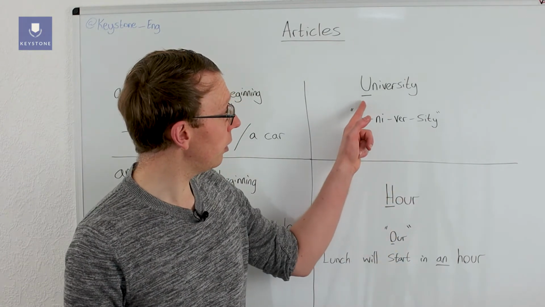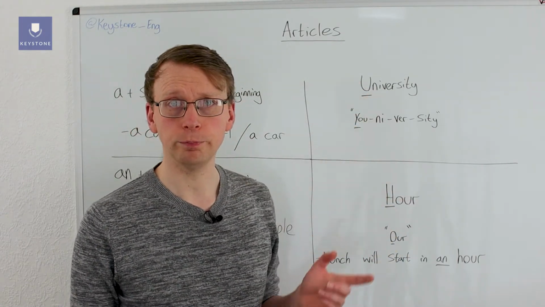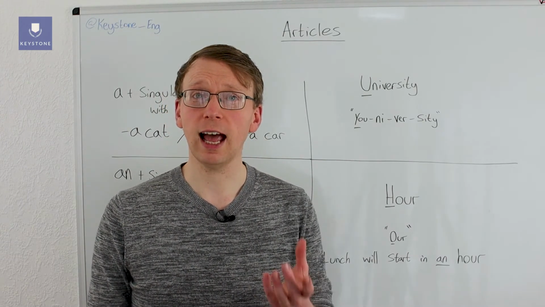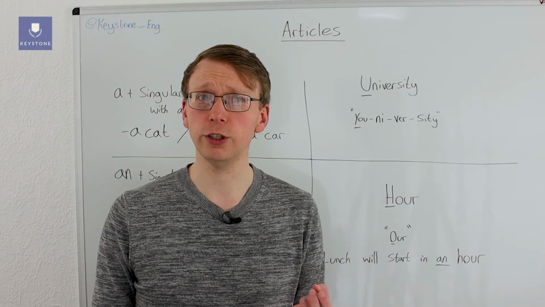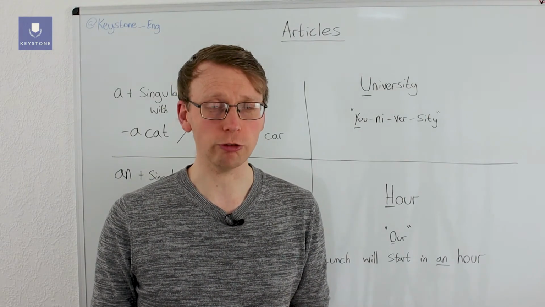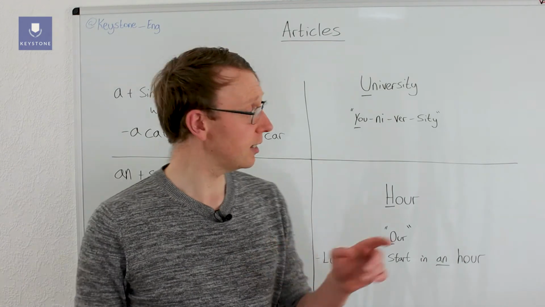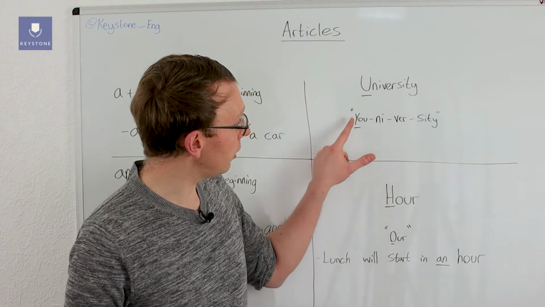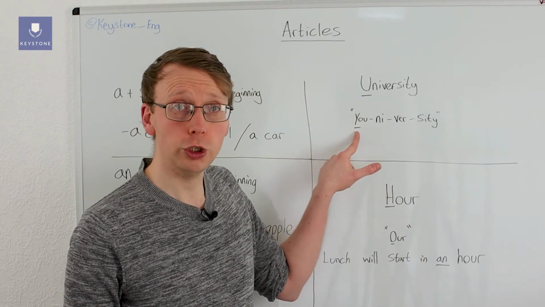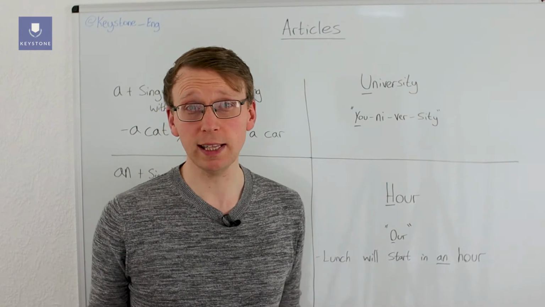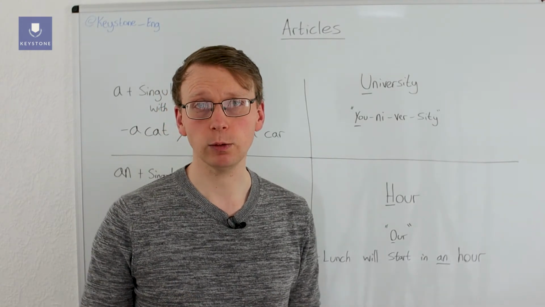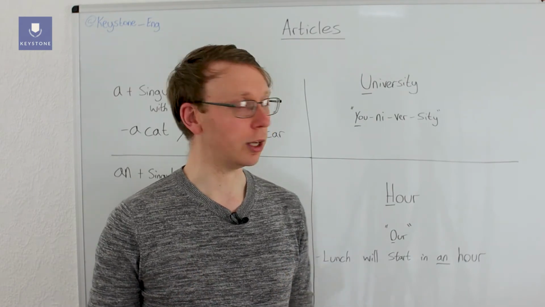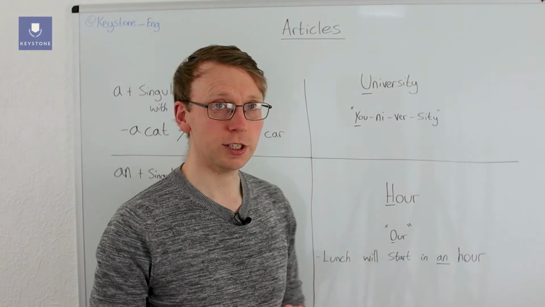University begins with a vowel, U. So you might think that you would need to use the indefinite article an with it, an university. But this is not right. University sounds like yuniversity, and that starts with a Y sound. So we don't spell it that way, but that is how it is pronounced. So we would use the article a with this word, a university.